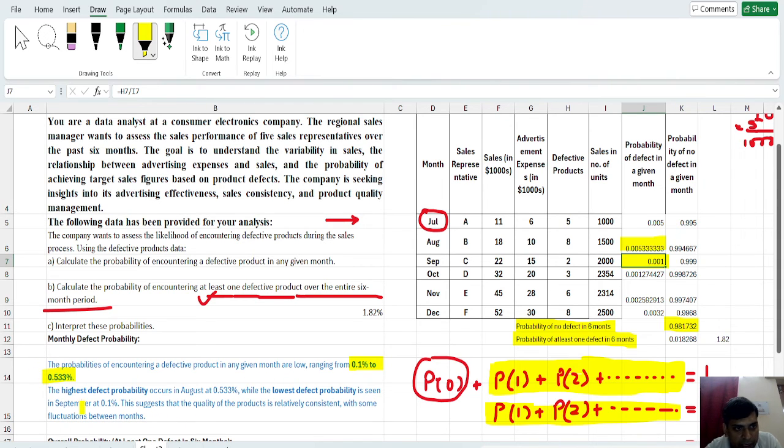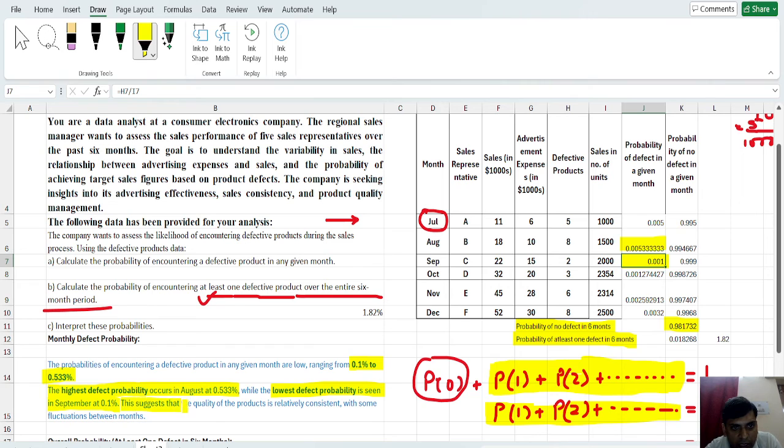Now the next line: the highest defect probability is this one, 0.533, and the lowest defect probability is seen in the month of September, that is 0.1%.